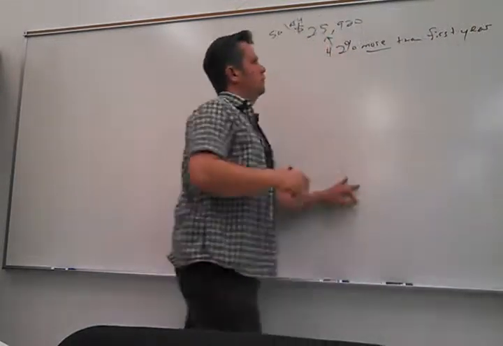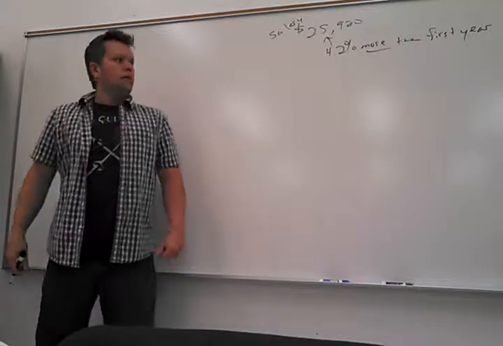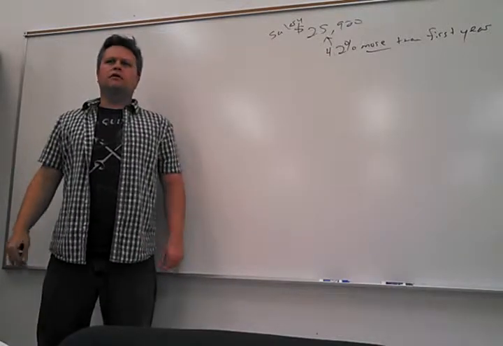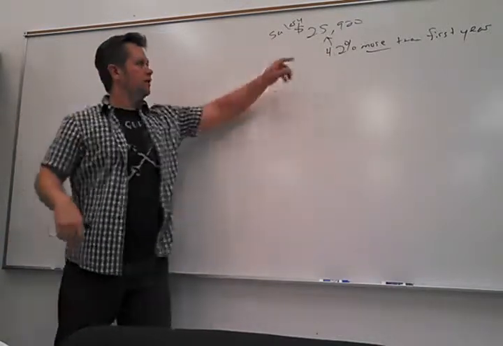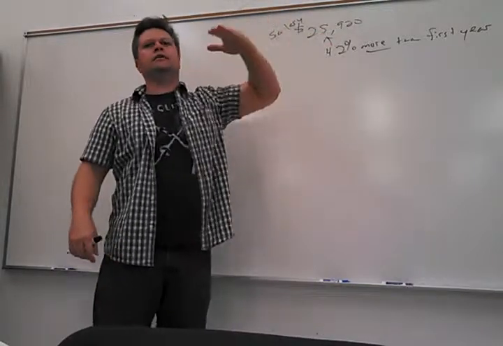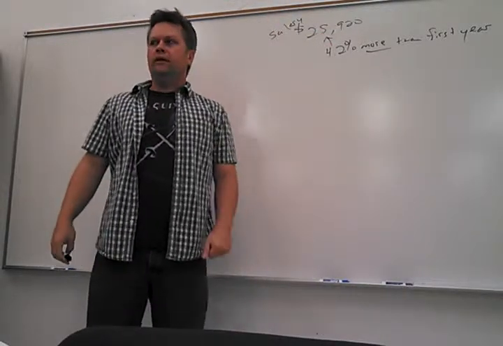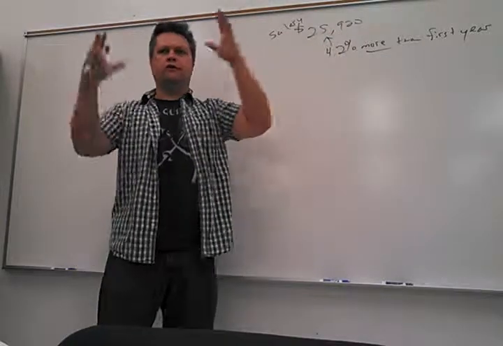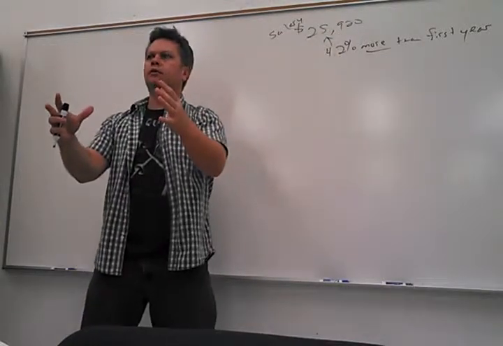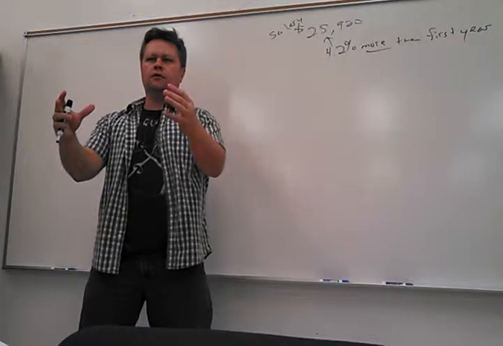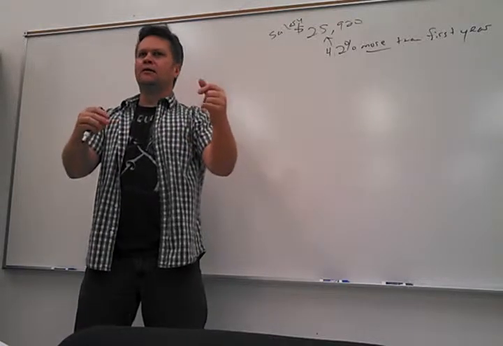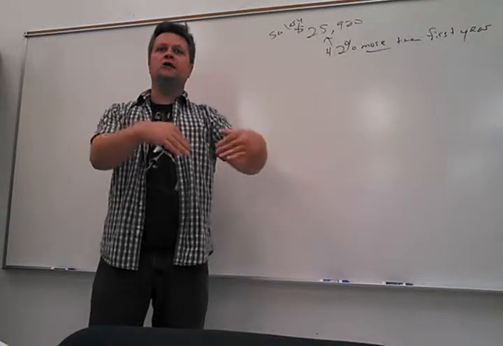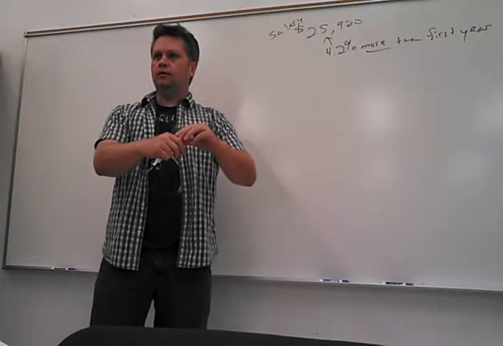So again, the classic mistake people make is they take 4.2% of this and subtract it. And that is completely unfair. Because how do you end up at this amount? You would take the first year's salary and add 4.2% of that salary on top of that, right?